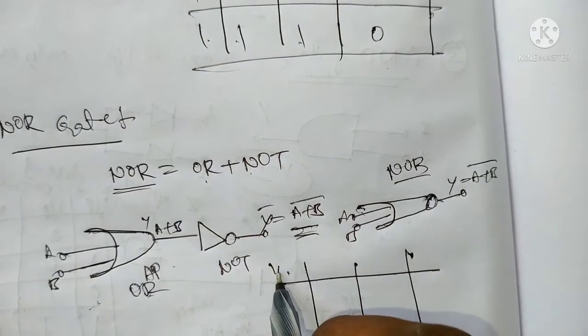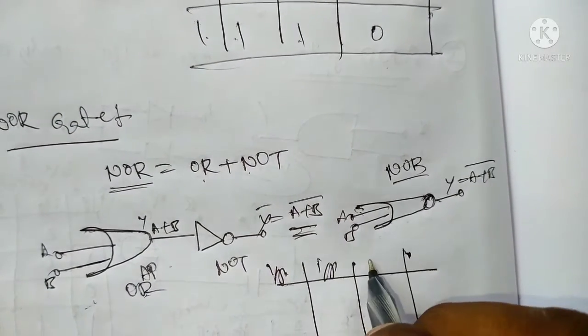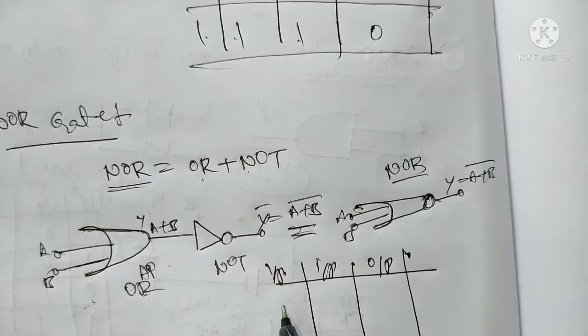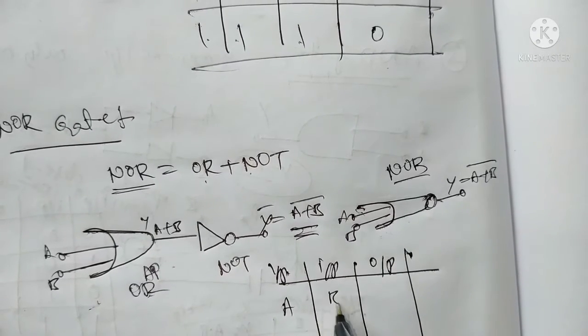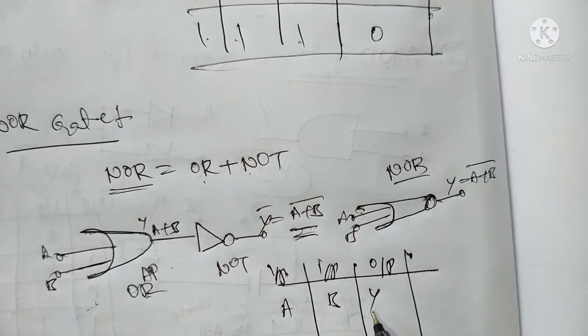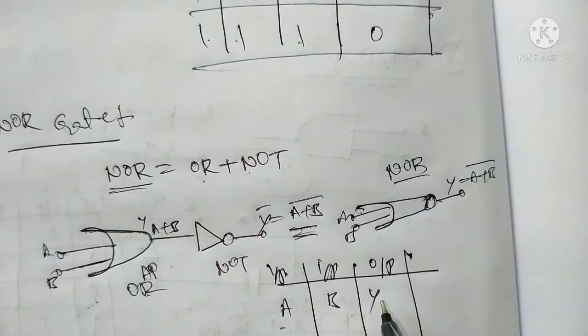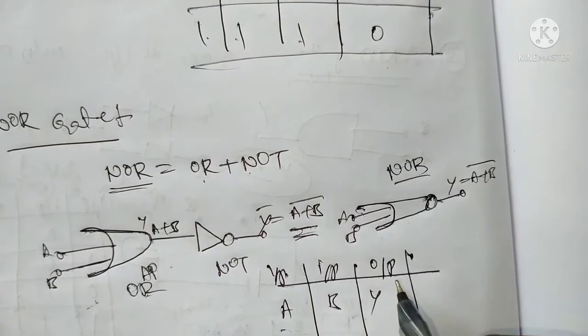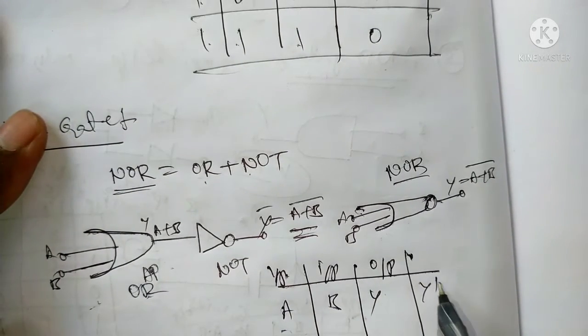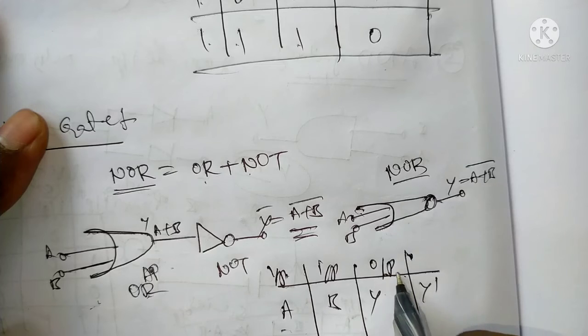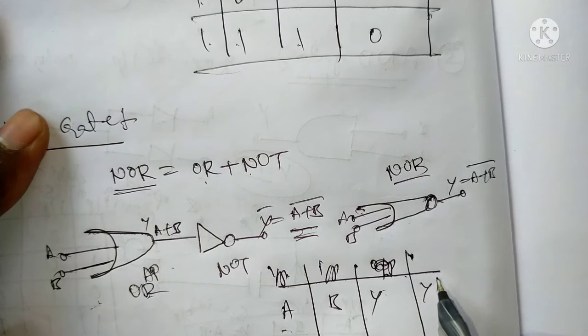That is input, that is output. Inputs are A, B, and output Y. Suppose here like this, it is Y, and here Y bar. Output here also Y, and here Y bar.